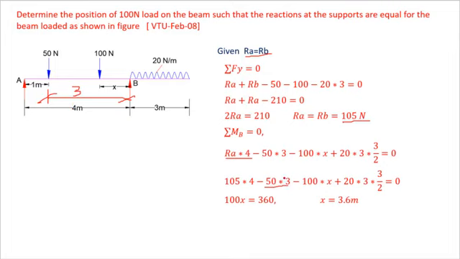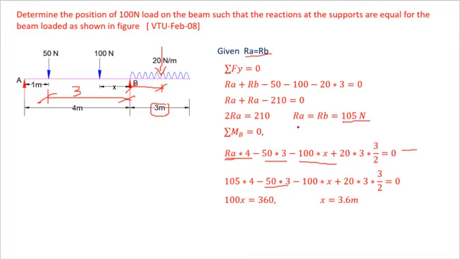Then we have 100 into x. Then at the other end, 20 into 3 meter is the load. It will act at the midpoint. Therefore, from here to here it is 1.5 meter, or 3 by 2. Therefore, 20 into 3 into 3 by 2.